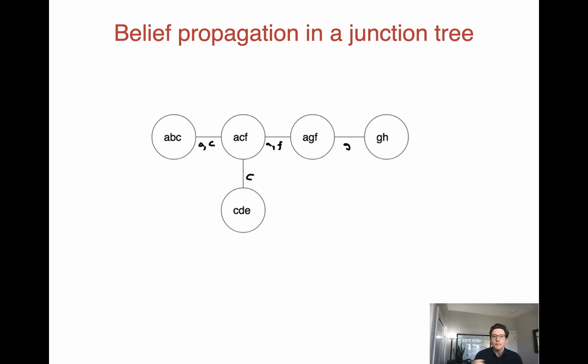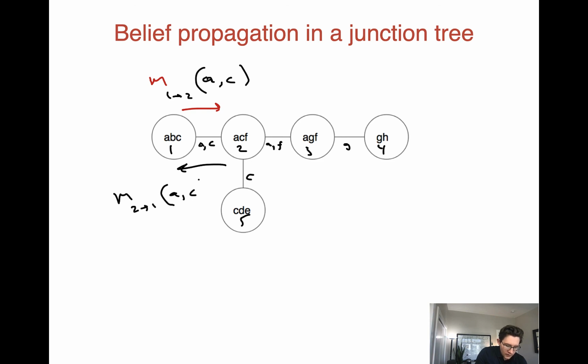So we're going to create messages, where this is going to be a message from, let's number the nodes, 1, 2, 3, 4, 5, from node 1 to node 2, and that's going to be a message over the variables they have in common, A, comma, C. And likewise, we're going to create a message in the other direction, M from 2 to 1, over those same variables, A, comma, C.